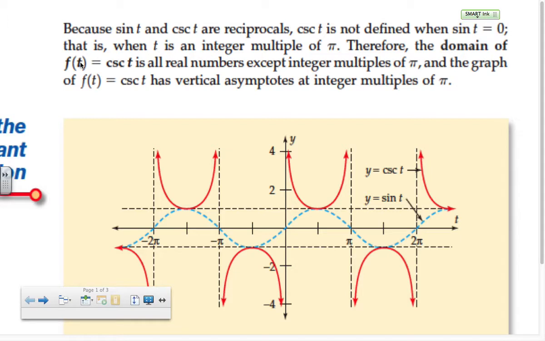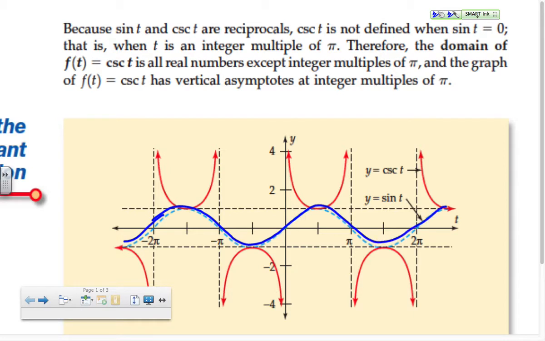Obviously, it's the inverse of the sine graph. So when we talk about inverses, it's 1 over. So anywhere that sine is 0, look at this for a moment, the blue dotted line, this isn't actually the cosecant, it's the sine wave, okay? So the cosecant is going to be the inverse of that.